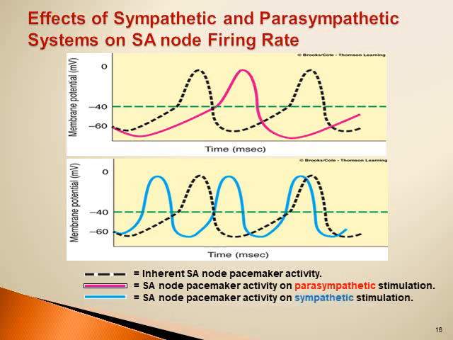On the other hand, the effect of sympathetic nervous system stimulation on the SA node will make the pacemaker potential more steep, and this will lead to the generation of more action potentials because the membrane potential will reach threshold more quickly, in a shorter period, so we have more firing, and that's why we have a higher heart rate under sympathetic stimulation.